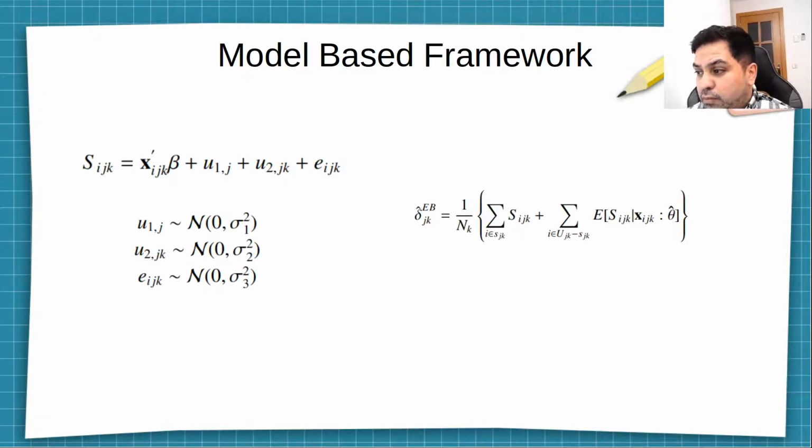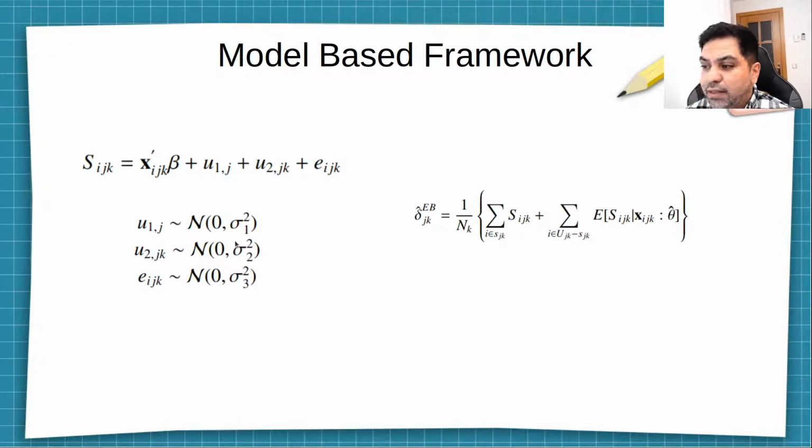The model we are proposing is a two-level hierarchical model, in which the score of a student depends on the matrix X. The matrix X is the matrix of socioeconomic data, with the data I've shown before, and two effects: one effect U sub 1 for the department, and one effect U sub 2 for the municipality inside the department, and finally an error for each individual. Each one of these variables, U1, U2, and the error, is distributed as a normal with mean 0 and certain variances.